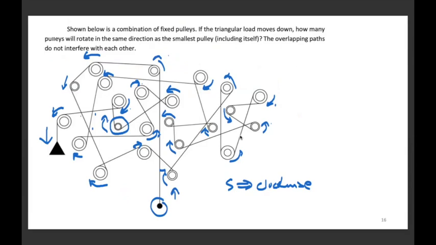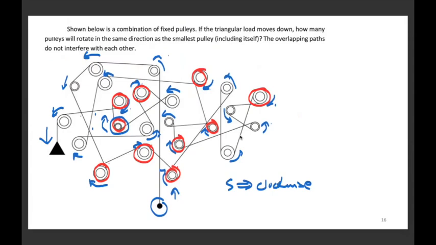Okay, so now what I'm going to mark is the pulleys that are rotated in the same direction as the smallest pulley, which is in clockwise direction. Okay, so you have 1, 2, 3, 4, 5, 6, 7, 8, 9, and 10.